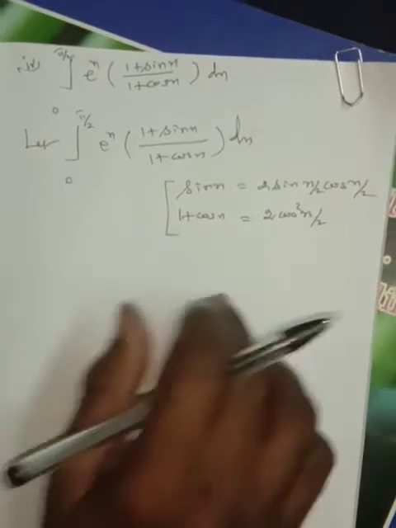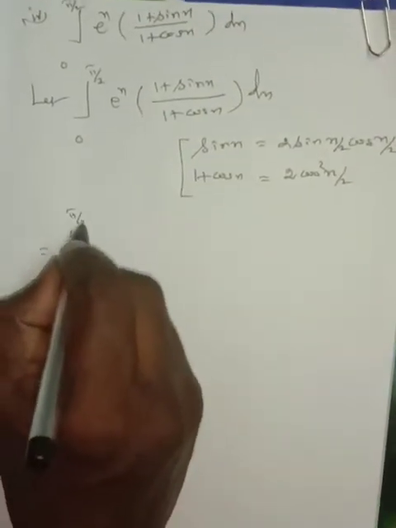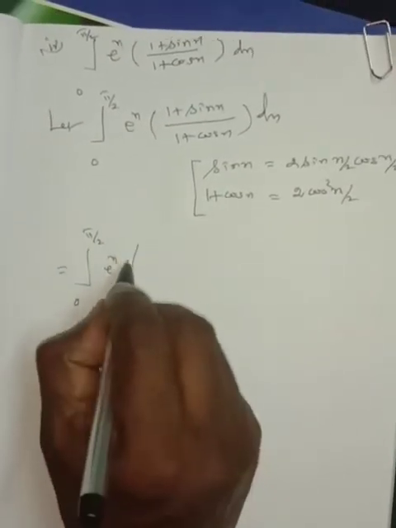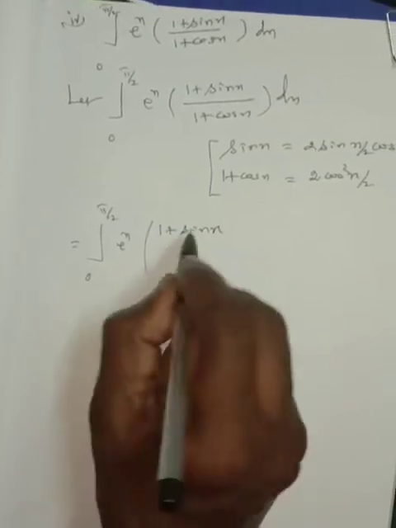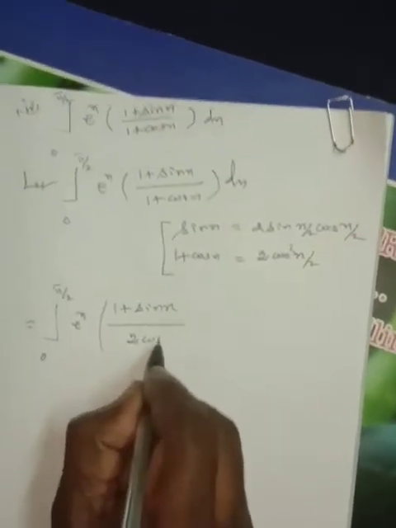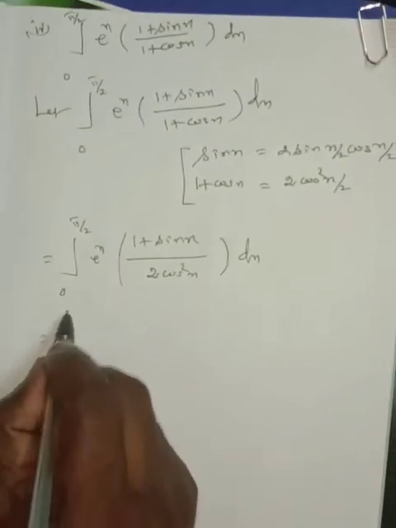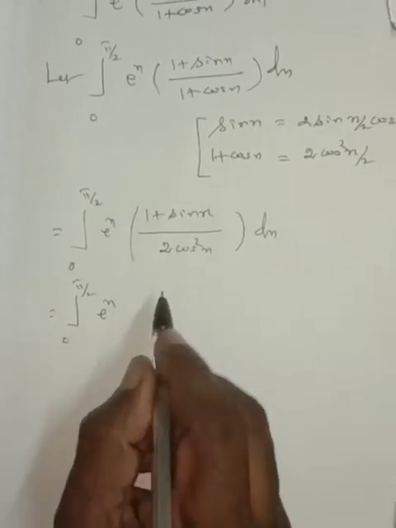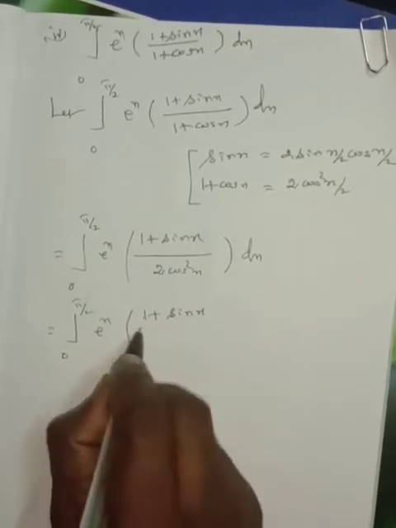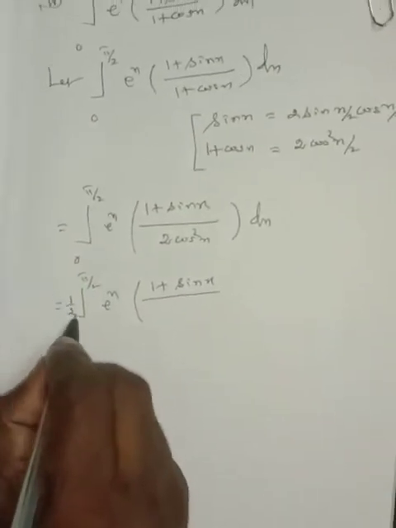Using the formulas, is equal to integral 0 to pi by 2 e to the power of x, numerator 1 plus sin x, divided by 2 cos square x by 2, into dx. 2 is a constant number, so it goes outside the integral.